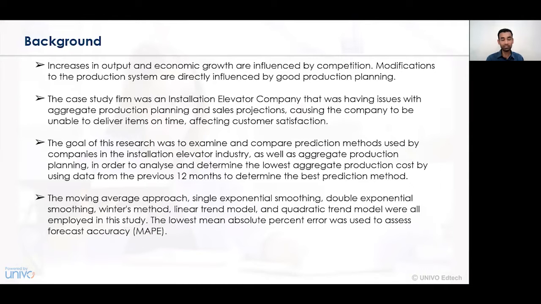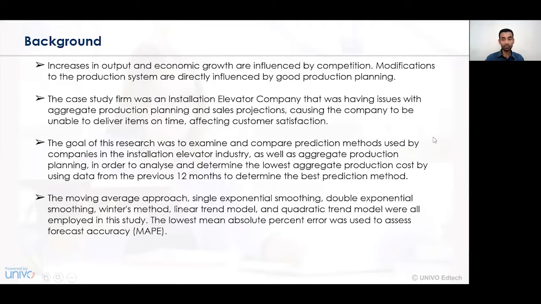So when all those activities are conducted effectively, the output product is of a very quantitative and qualitative nature, and hence the economic growth of the company was also increasing. This particular case study, the installation of an elevator company, was having its issues with respect to aggregate production planning.